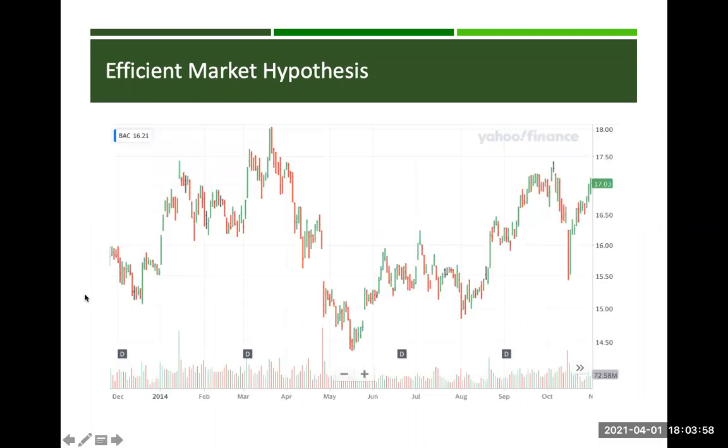So here's from Yahoo Finance, Bank of America stock price from December of 2013 to November of 2014. If it's difficult for you to actually see where April is, there's April 28th right there, a very clear gap down. And then look at the trend that continues after.